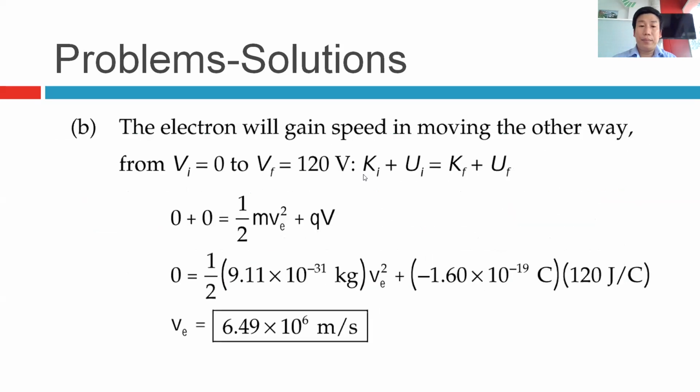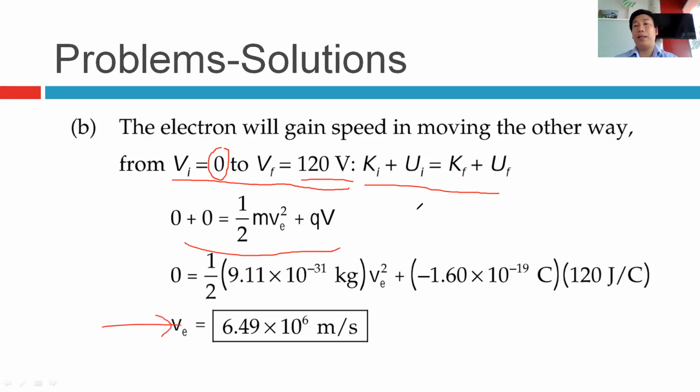Everything is the same, but the difference is that it moves from the smallest potential to high potential, because the electron moves oppositely to the electric field. You apply the same formula and you will obtain the velocity of the electron.